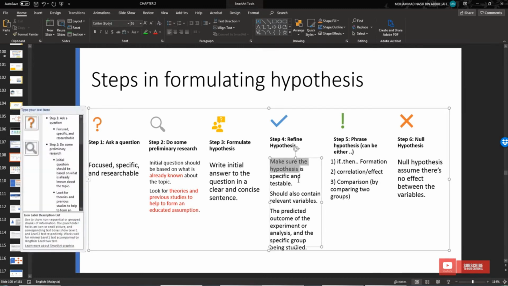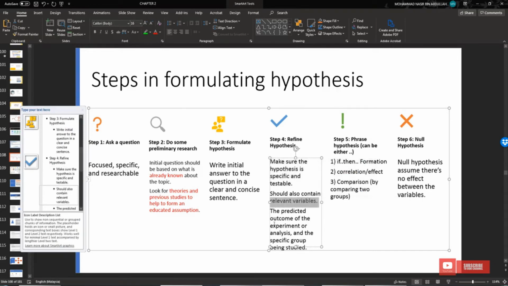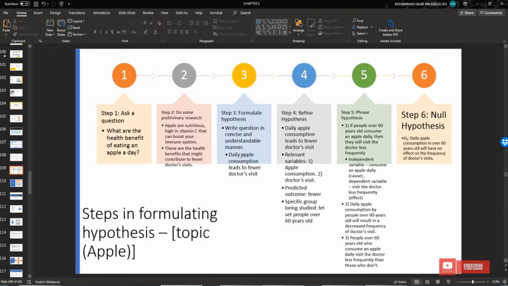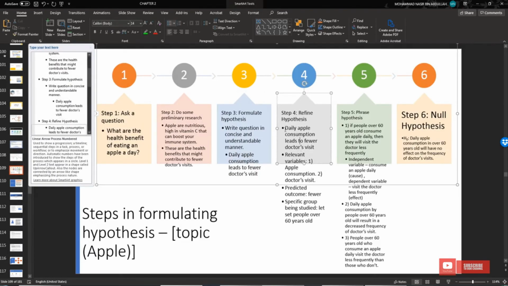So step number 4, we need to refine our hypothesis. Make sure the hypothesis is specific and testable. It should contain relevant variables, the predicted outcome of the experiment or analysis, and the specific group being studied. So based on our formulated hypothesis, we know that daily apple consumption leads to fewer doctor visits.